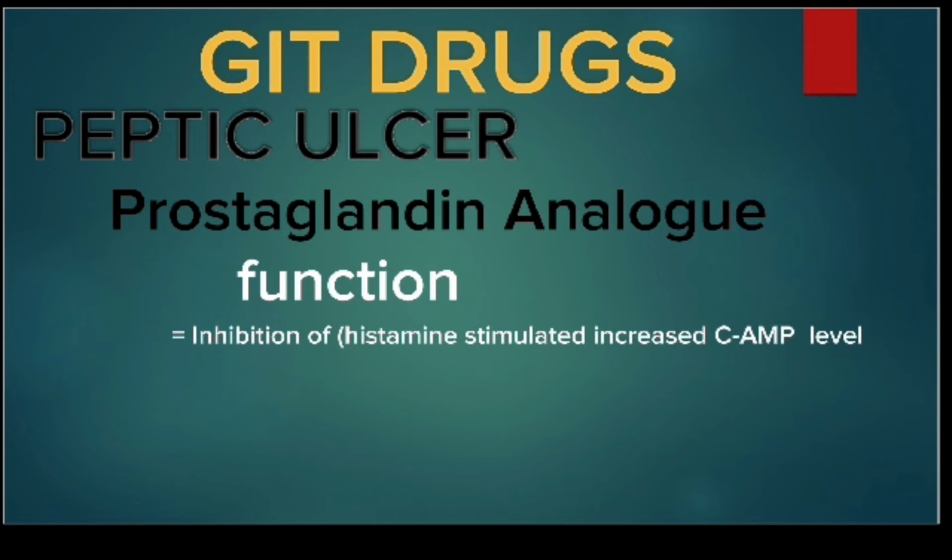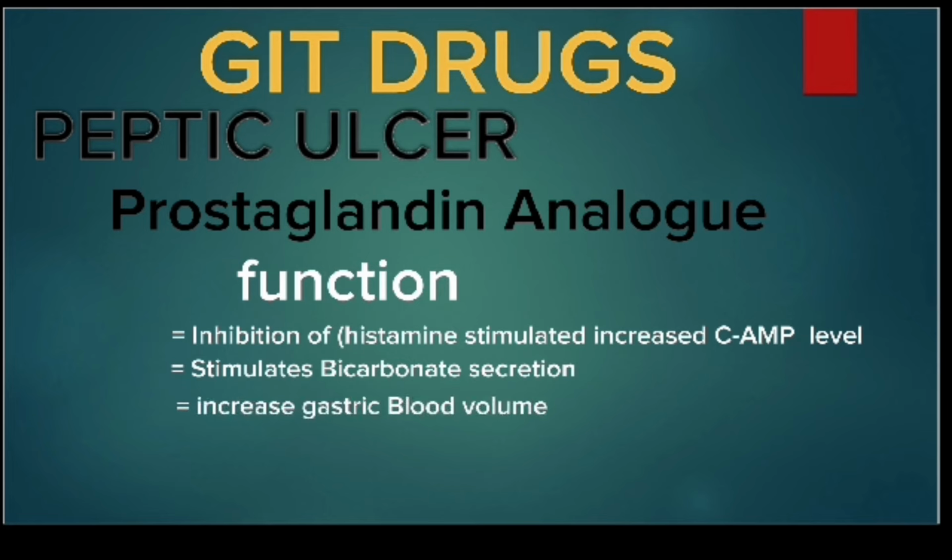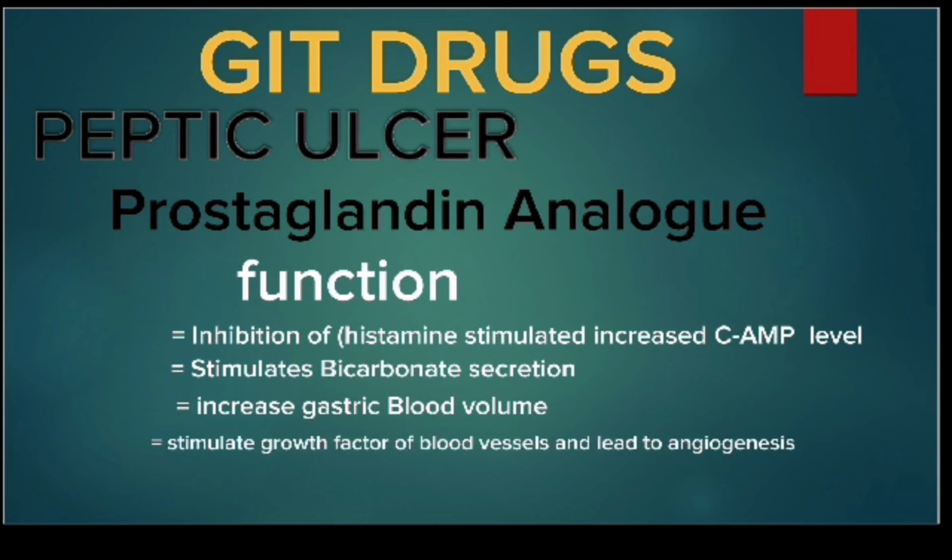Another function of prostaglandin is that it stimulates the secretion of bicarbonate, which also neutralizes the acidity of the stomach. It also increases gastric blood volume and helps in releasing growth factors of blood vessels that help in angiogenesis, which helps in healing the ulceration of the stomach.